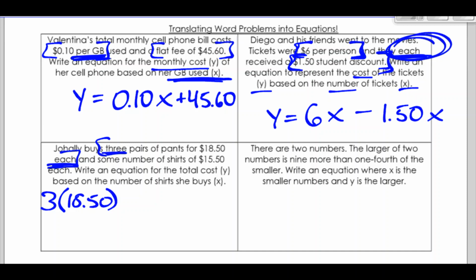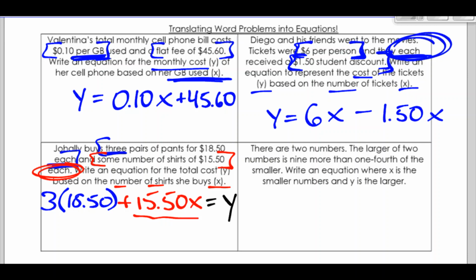We're buying 3 pairs of pants, and some number of shirts for $15.50 each. We don't know the number of shirts, so we need to multiply by x, plus $15.50 for each shirt that we buy. The number of shirts is our x. The total cost is our y, so this all equals y. That's the pants plus the shirts together, that equals our y.